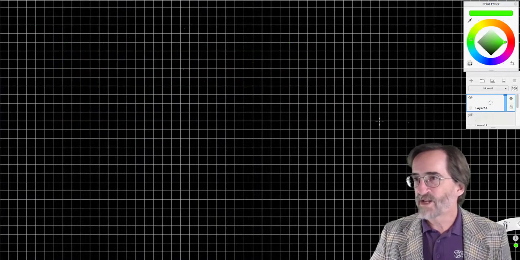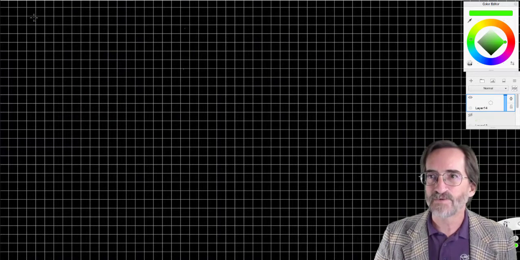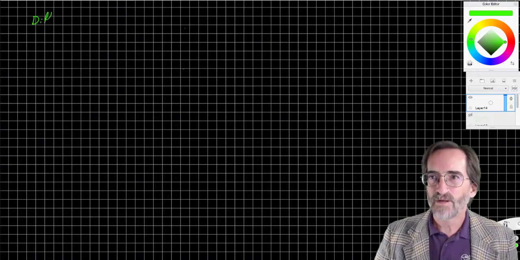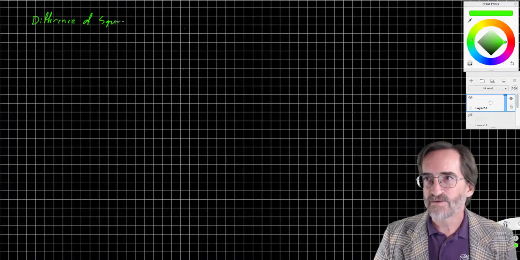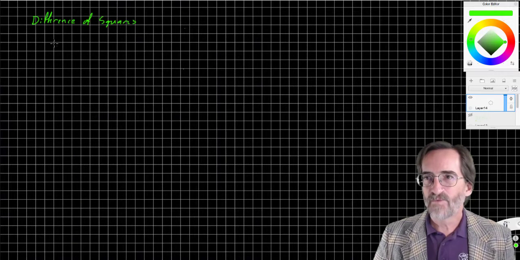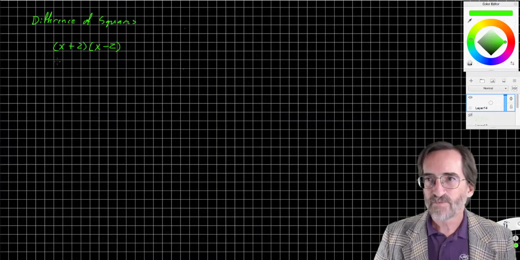Okay, this second is something we call a difference of squares. And it'll become apparent here in a minute why it's called that. Okay, and I'm going to set up several problems. I'm going to do x plus 2 times x minus 2. I'm going to do x plus 3 times x minus 3.